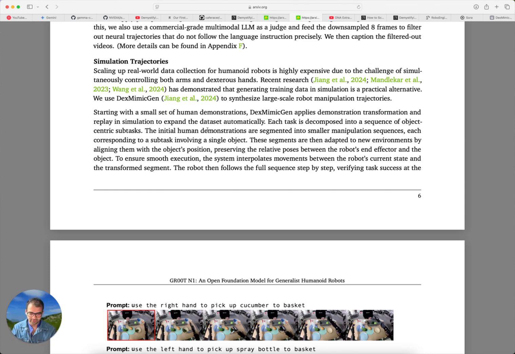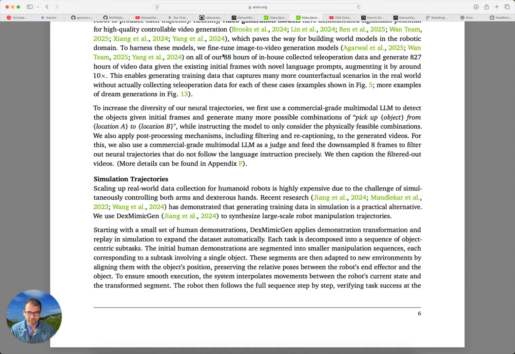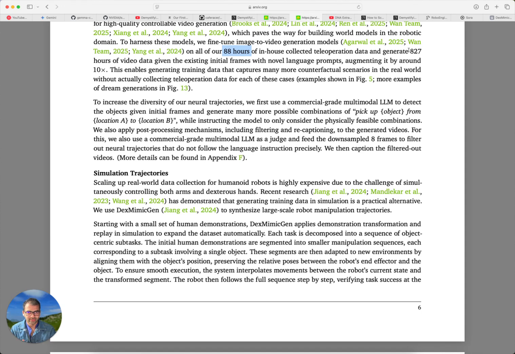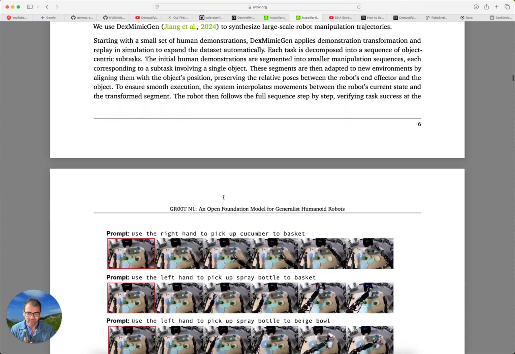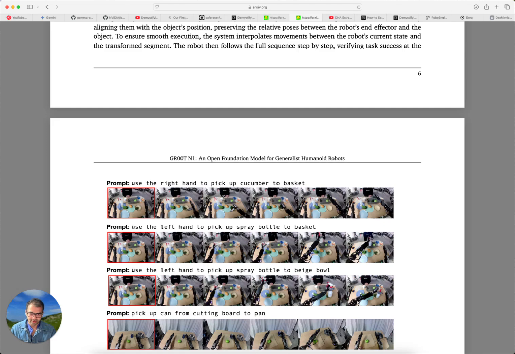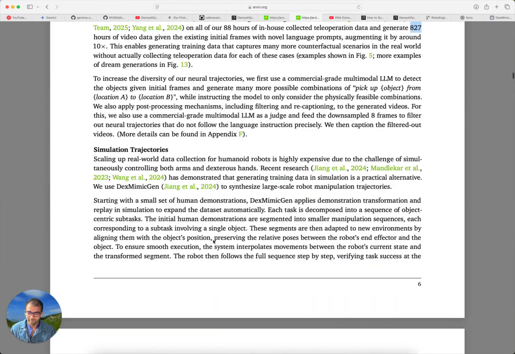In this case, they use a diffusion transformer with flow matching, train it to predict the action values for the teleoperated robotic data set, and then use that to predict the action values for the generated data set, that is, for the neural trajectories that are generated, and use those to train the GR00T policy along with the latent actions that we talked about here. So yeah, I think this was one of the nicest things NVIDIA did. This was one of the best tricks I found in the paper.